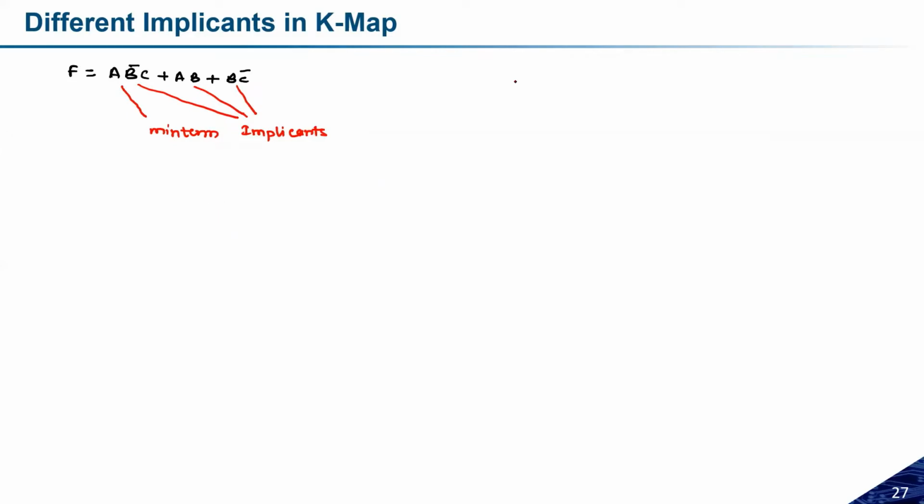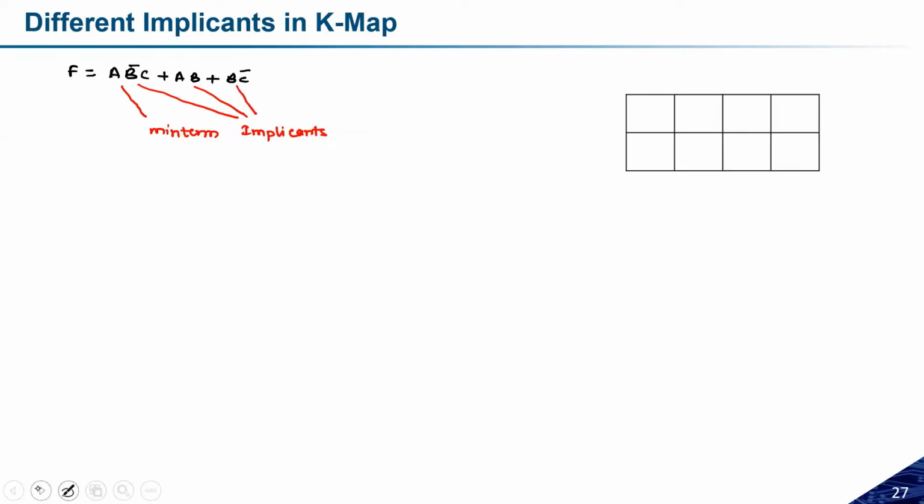All the min terms or max terms are implicants, but all the implicants are not necessarily min terms or max terms. So the vice versa is not true. Similarly, we can also understand this from SOP or POS.